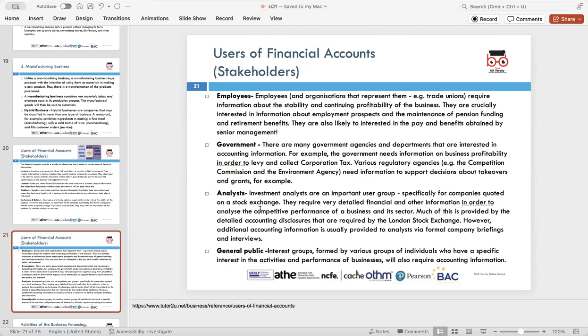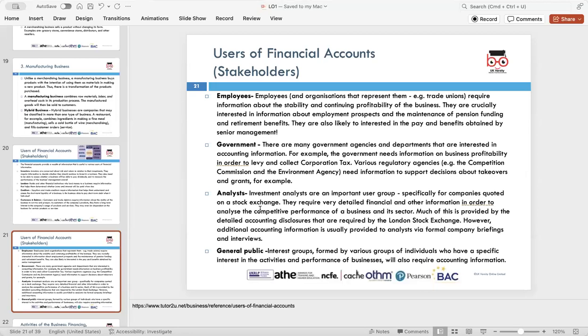Then analysts who specialize in investments are a crucial user group, particularly for companies that are listed on a stock exchange. In order to conduct an analysis of the competitive performance of a company and the industry in which it operates, they require extremely extensive financial and other sorts of information.